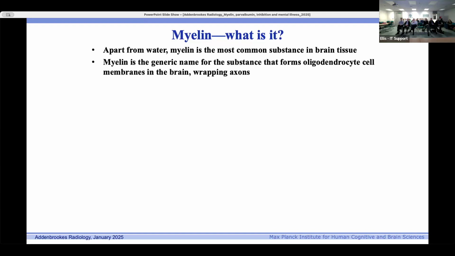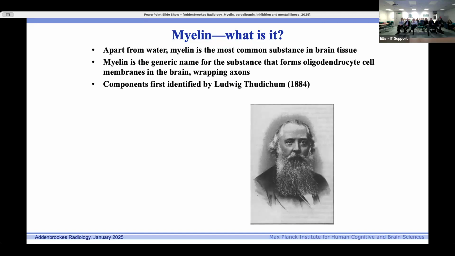So what is myelin? It's the most common substance in brain tissue. It's what wraps axons. The components were first identified by Ludwig Thudichum in 1884. He worked in London in his garden shed, boiling up cow brains, distilling them.